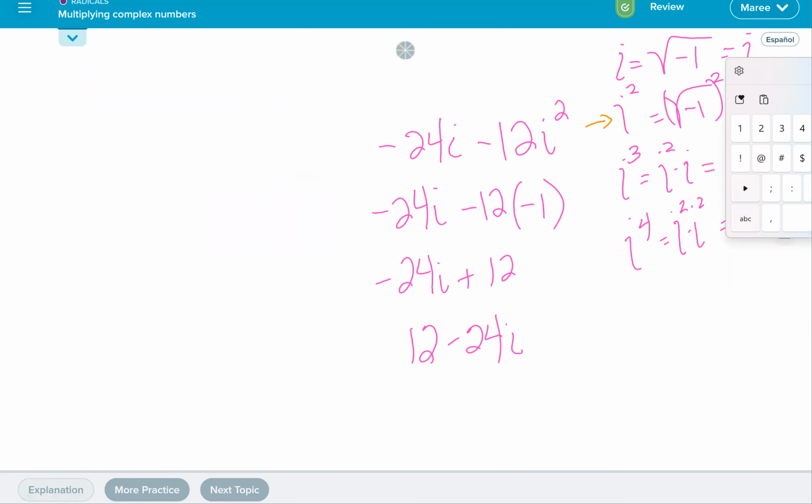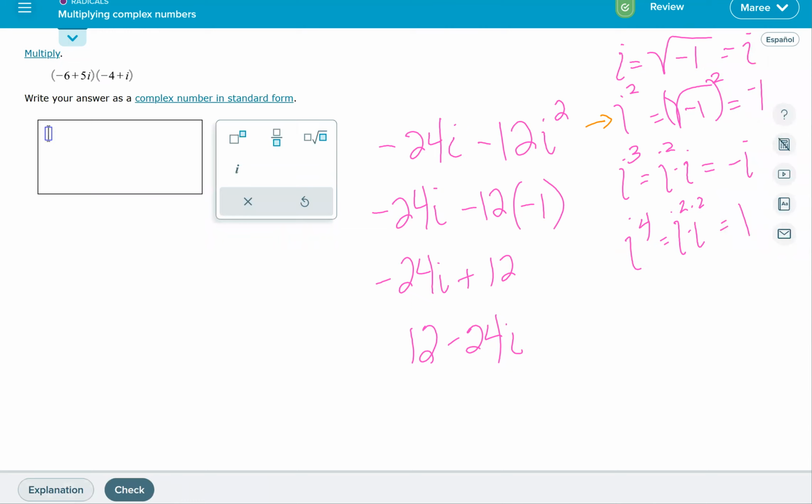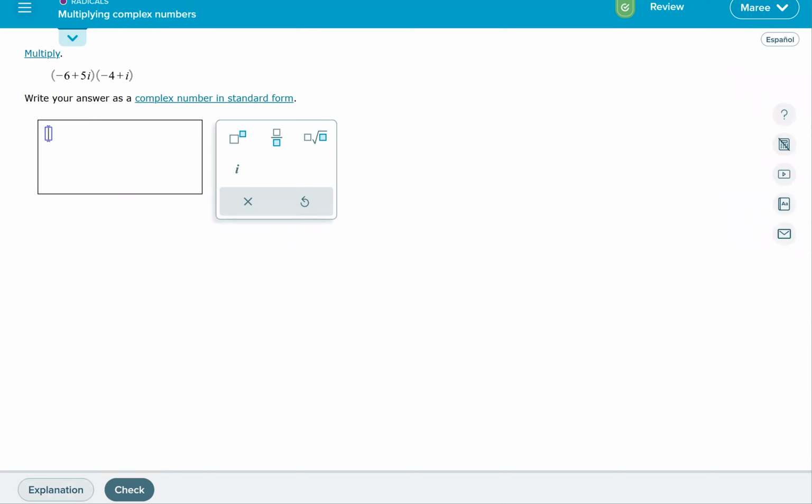And let's do some more practice. We are multiplying these together. We can use FOIL. So let's do, I gotta get my drawing tool, FOIL. That's how you do it. So we have a -6 times a -4 is a positive 24.